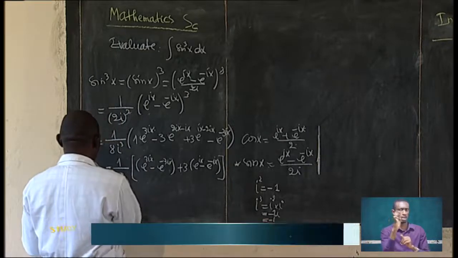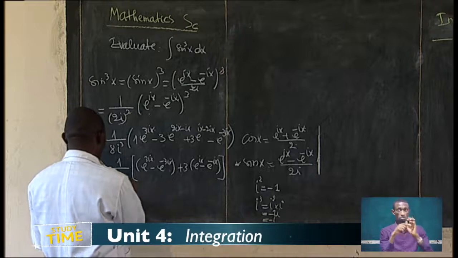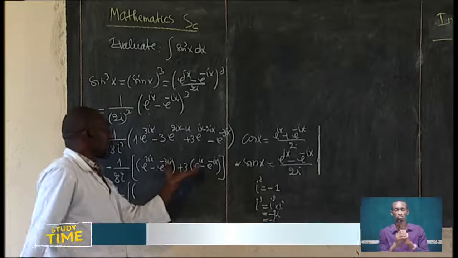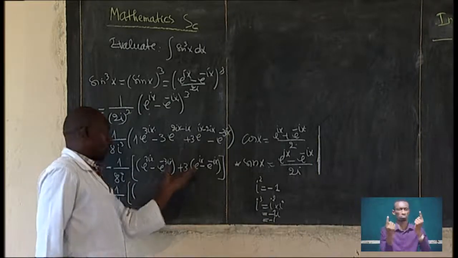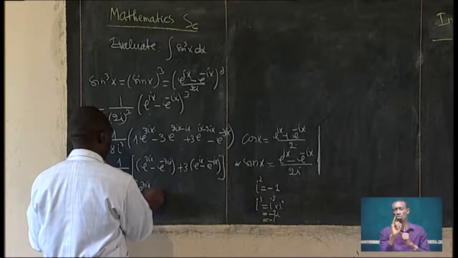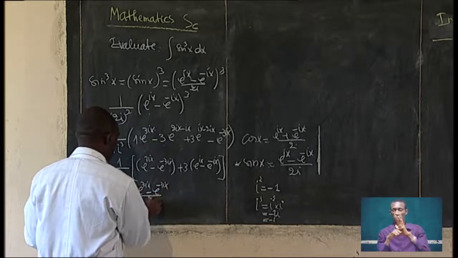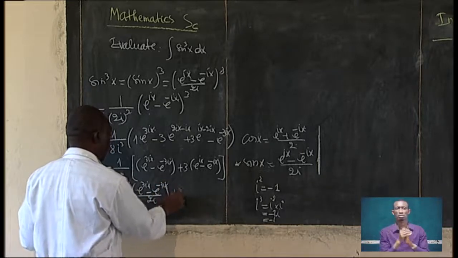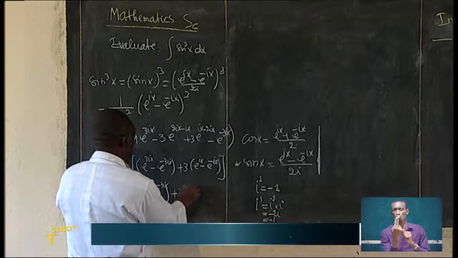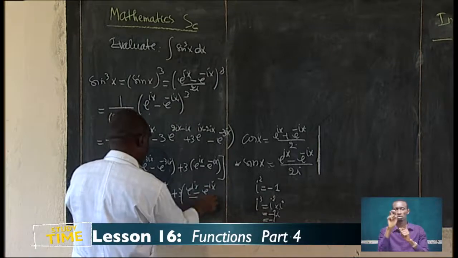So this can be written like minus 1 divided by 4 times, each term divided by 2i: e power 3ix minus e power negative 3ix divided by 2i, then plus 3 times e power ix minus e power negative ix divided by 2i.